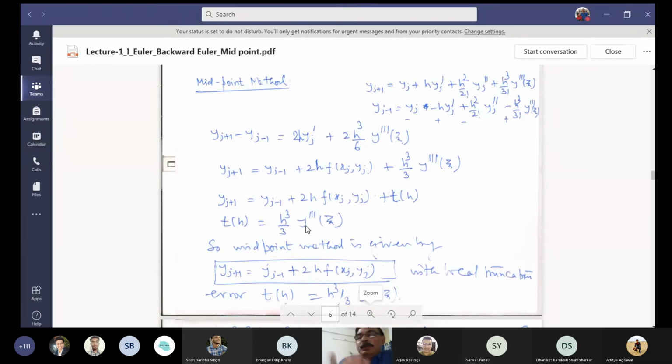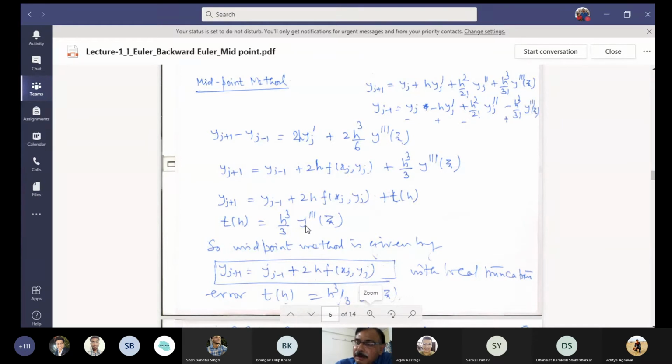You are using the Euler method at one point since you don't know other methods. Once you know the other methods, you can choose better ones. The Euler method is called a first order method because of its order, which I will define. Basically, the order is defined by dividing the truncation error by h. So what will be the order of T(h) by h? That is called the order of the method.